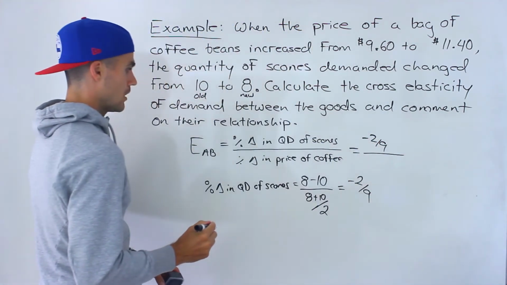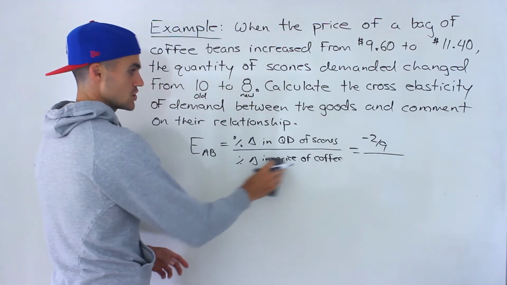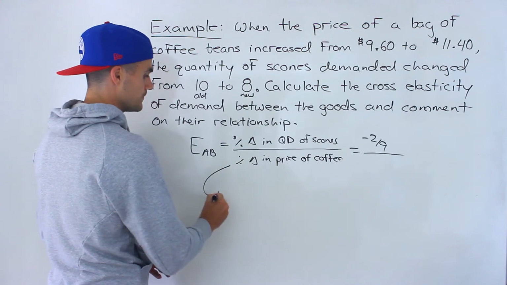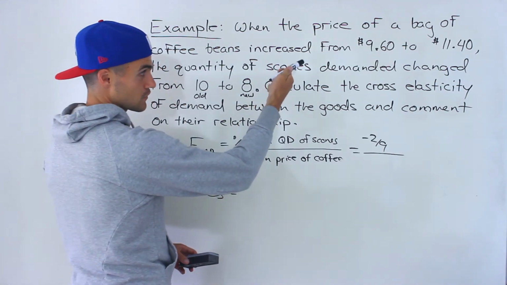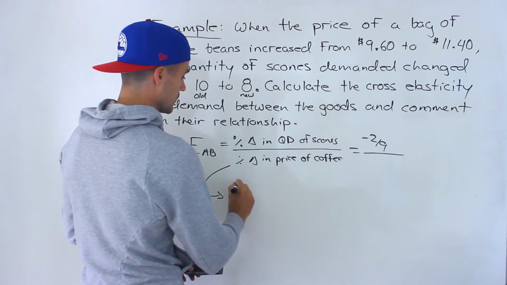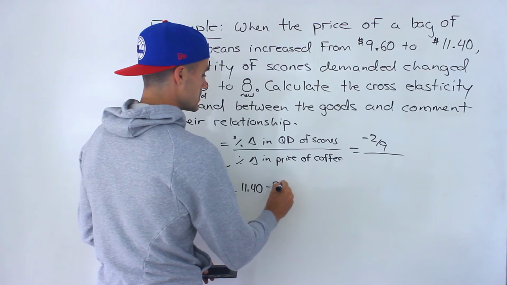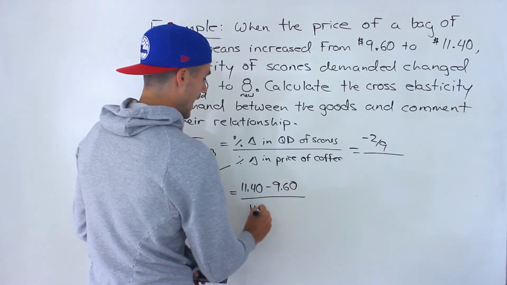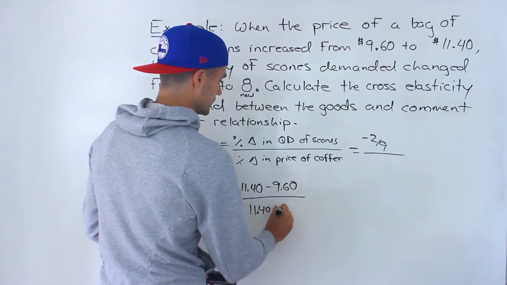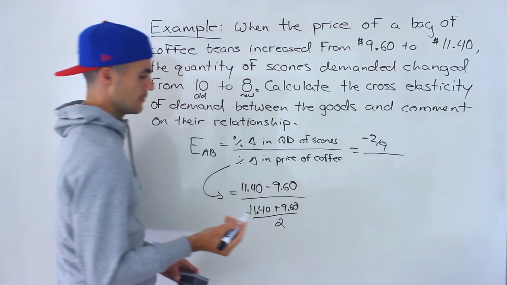And then what about the denominator? We'll have the percentage change in price of coffee. Notice that the price increased from $9.60 to $11.40. So we'll have $11.40, the new price, minus the old price, all over both of them added together, divided by 2.